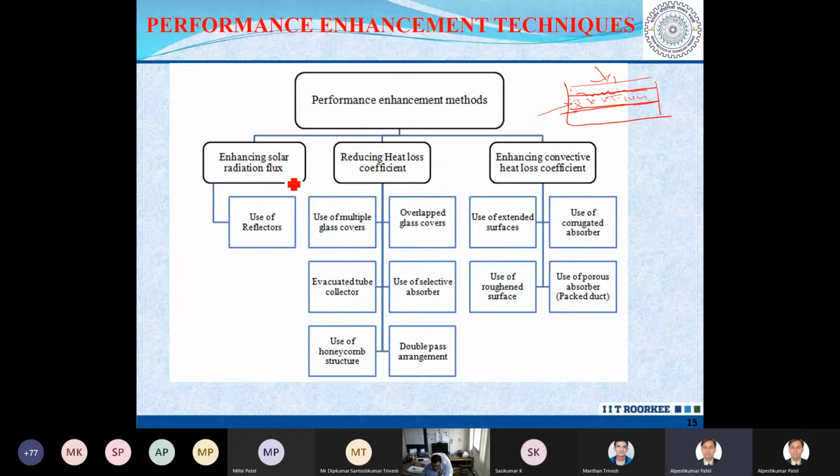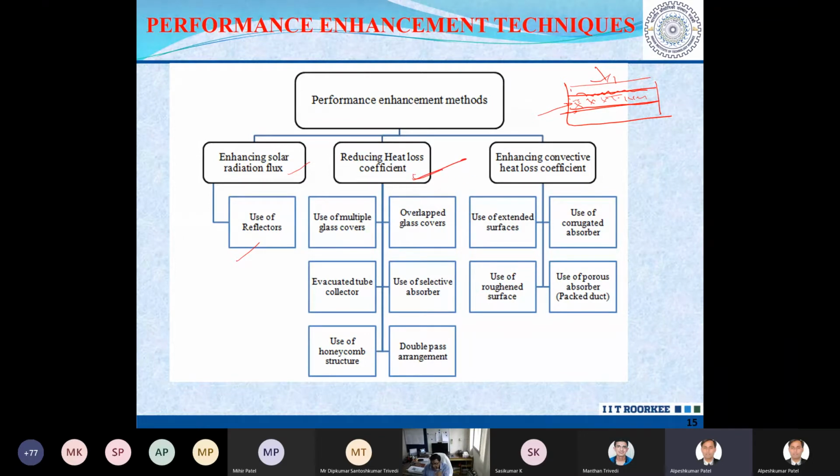Enhancing solar radiation flux. That is a simple thing: you can put a reflector so that you can enhance the incoming solar radiation. That is one aspect. Of course, there is not much research there. The only thing is you have to design that. It will become the concentrating type solar. Then reducing heat loss coefficient.